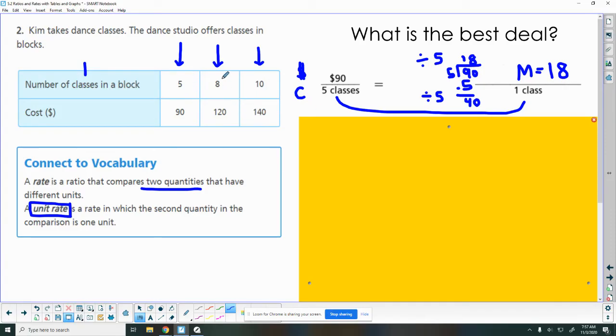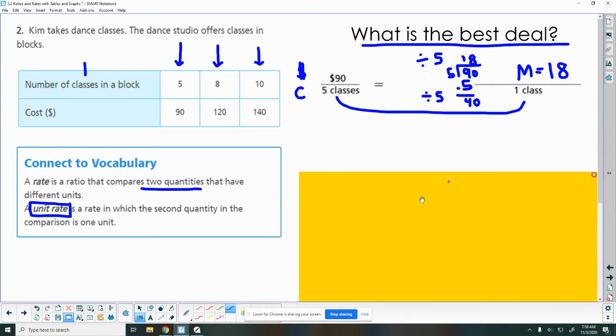So we want to figure out how much these classes cost and the 10 block classes to see which one is the best deal. So go ahead on a board or your paper here and let's set up this. So we know we want money on top because we're trying to find how much one class costs. So that's going to go on the bottom.